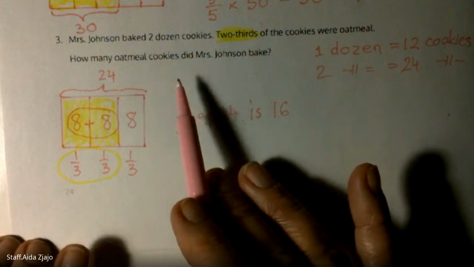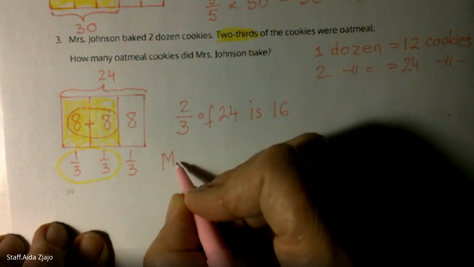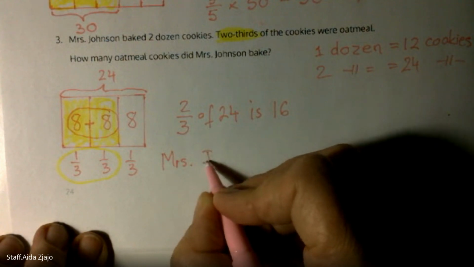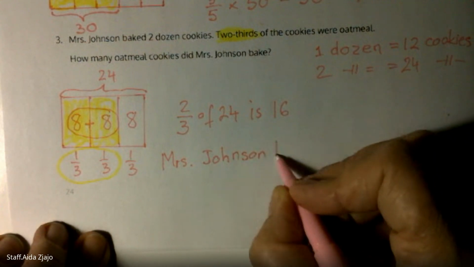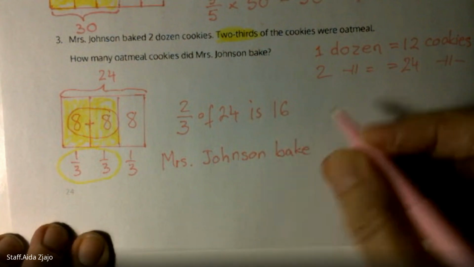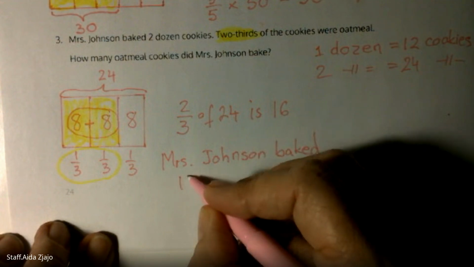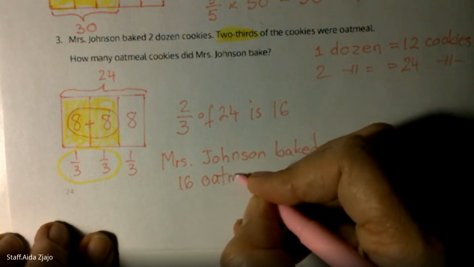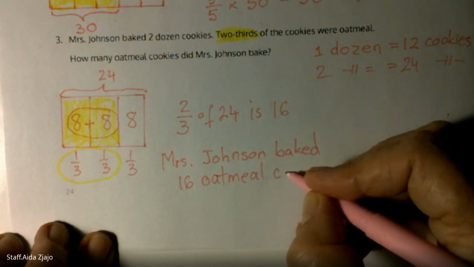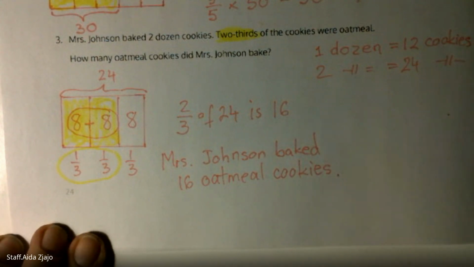How many oatmeal cookies did Mrs. Johnson bake? Mrs. Johnson baked 16 oatmeal cookies. Good.